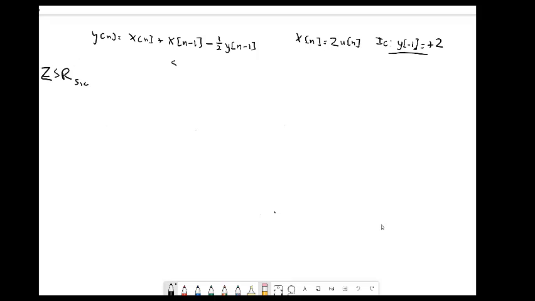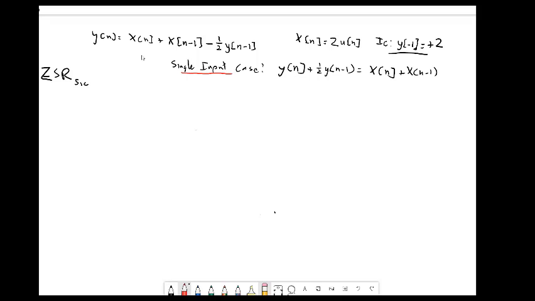What is the single input case? Well, our difference equation for the single input case is the same as our original difference equation, but on the y side it's the same, on the x side it's not. So we still have our y of n, still have plus 1/2 y of n minus 1. And if we had written out the entire difference equation, it would have been equals x of n plus x of n minus 1.